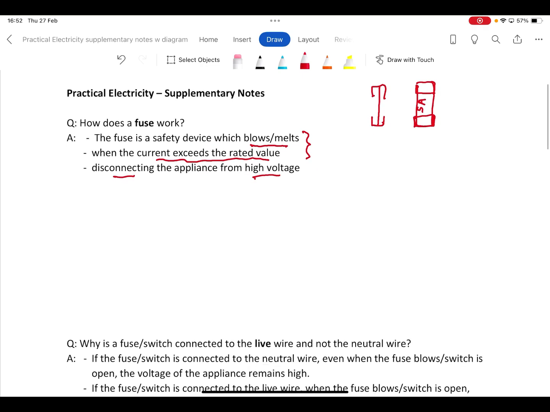Now the next statement, what does this mean? Disconnecting from high voltage. Are we talking about current or are we talking about voltage here? A bit confusing, right?